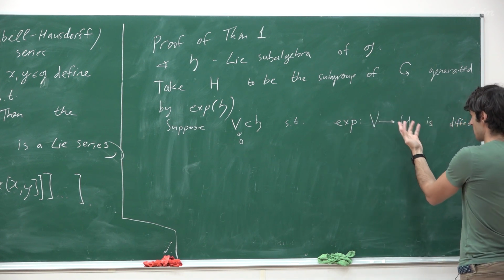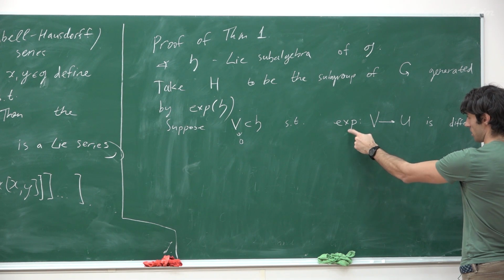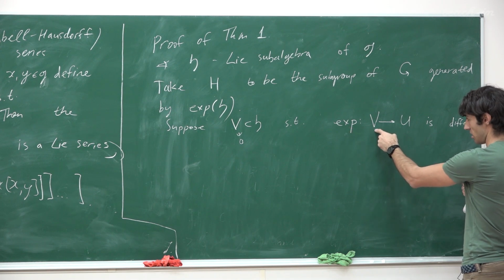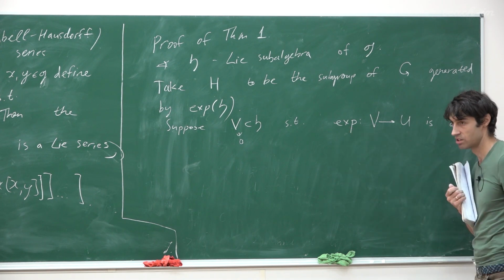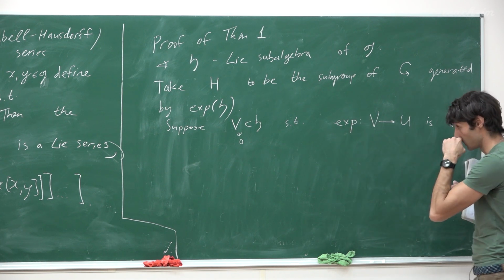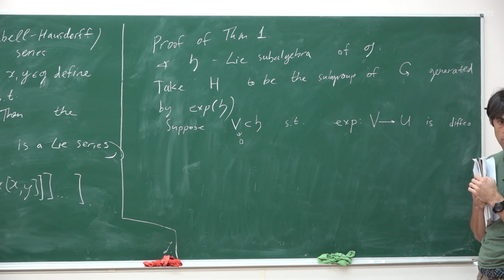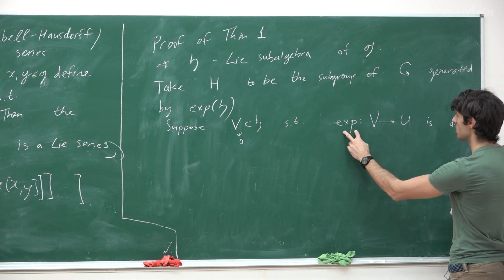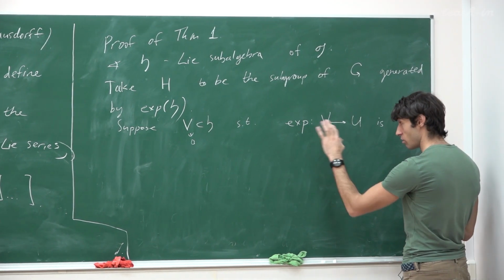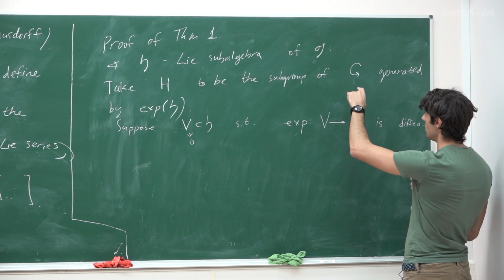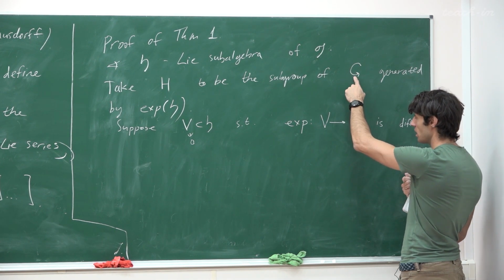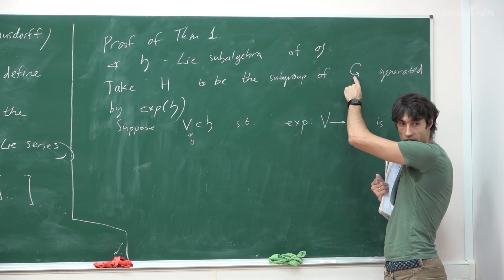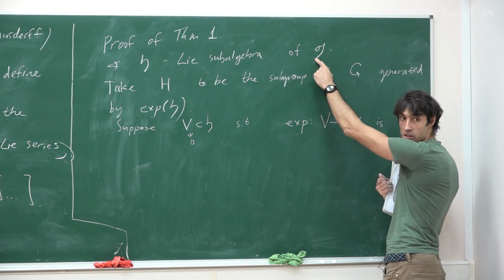U is just the image of V under this exponential. So right, exponential is a local diffeomorphism between a neighborhood of identity of G and a neighborhood of 0.